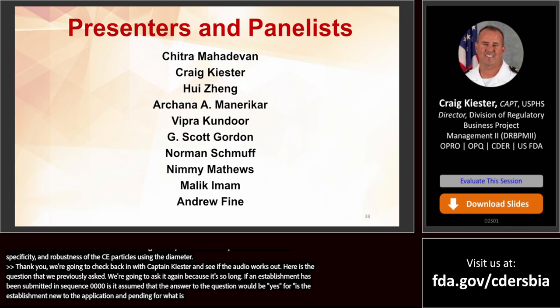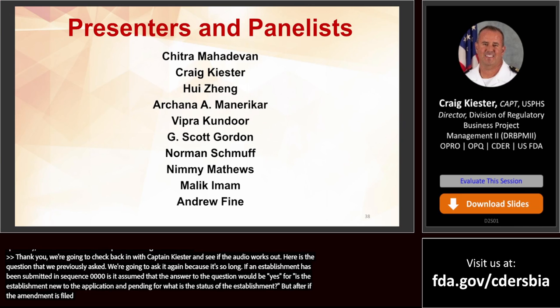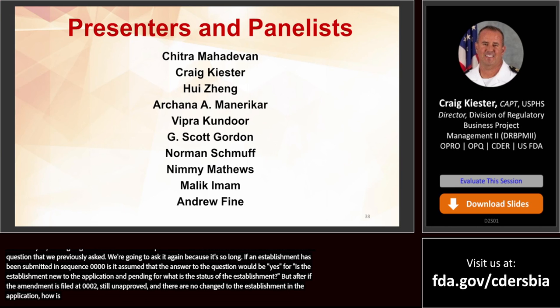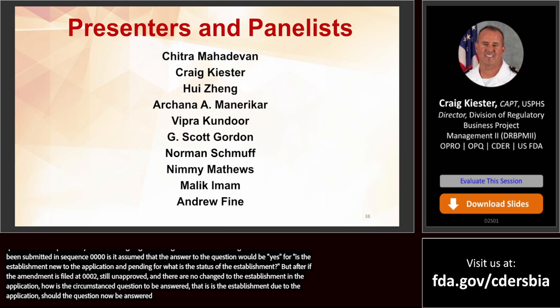But after the original sequence, if an amendment to an IR is filed as sequence 0002, still an unapproved ANDA, and if there are no changes to the establishments in the application, how is the circled question to be answered in this sequence? That is, for the question, is the establishment new to the application? Should the question now be answered no? And the second question, what is the status of the establishment, remain as pending?